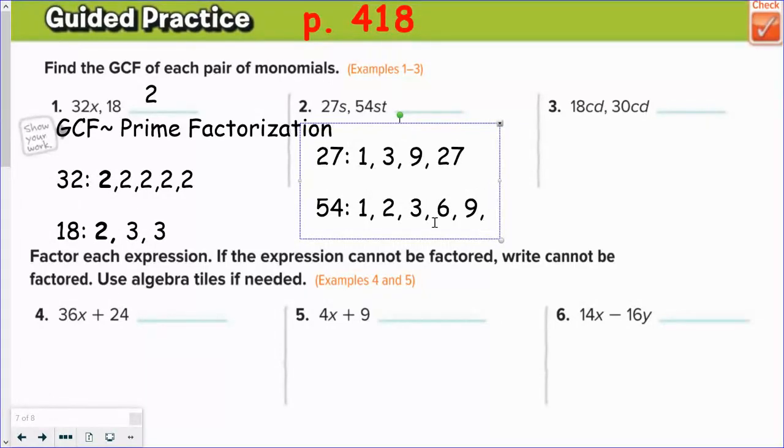So now I notice my numbers are getting a little bit bigger. Well, what is half of 54? Well, half of 54 would be 27.